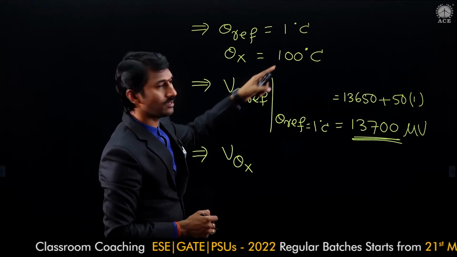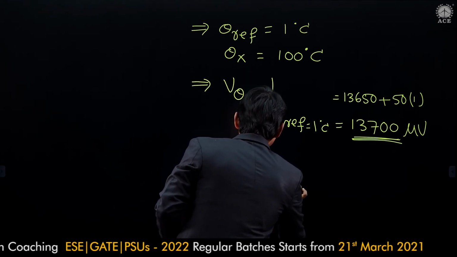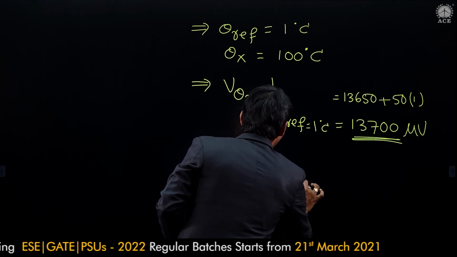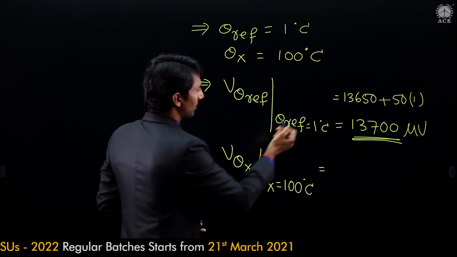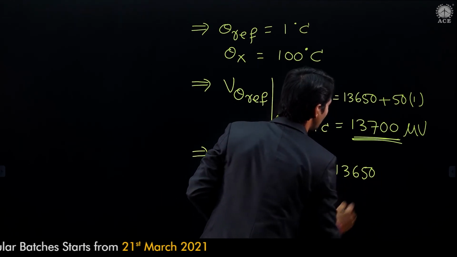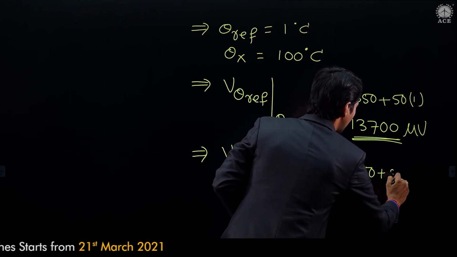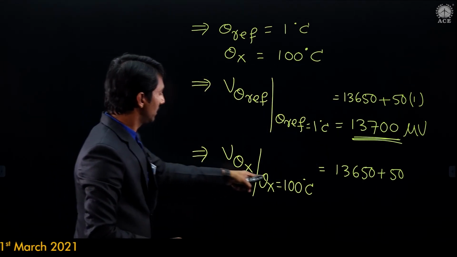In the same way, let us find V theta x. Theta x is equal to 100 degrees centigrade. So what is the equation? 13650 as it is, plus 50 into the corresponding theta, which is theta x, so 100.